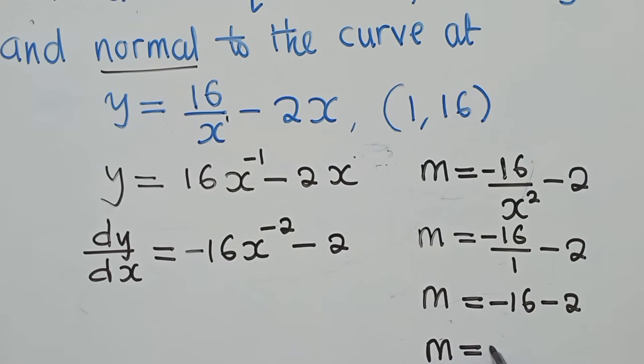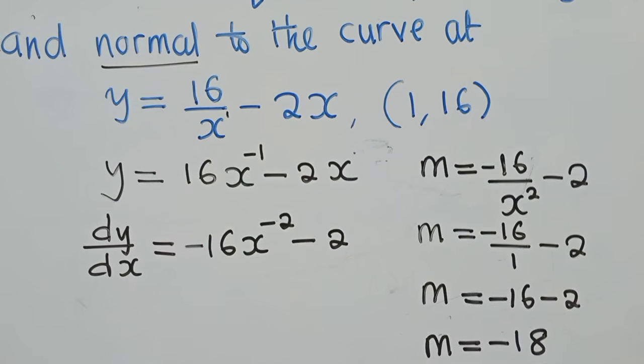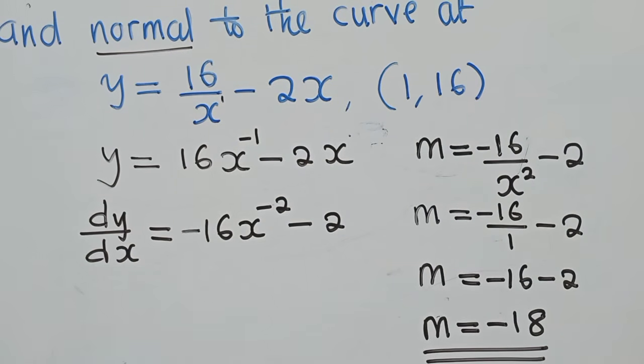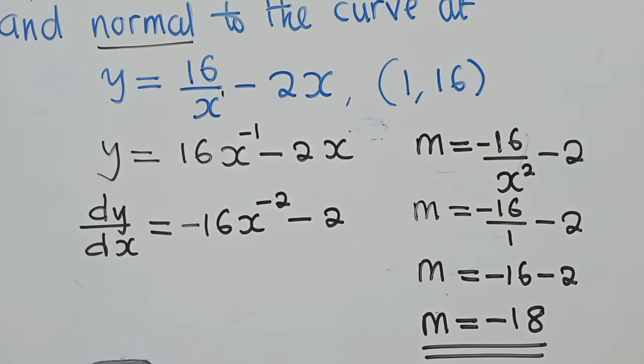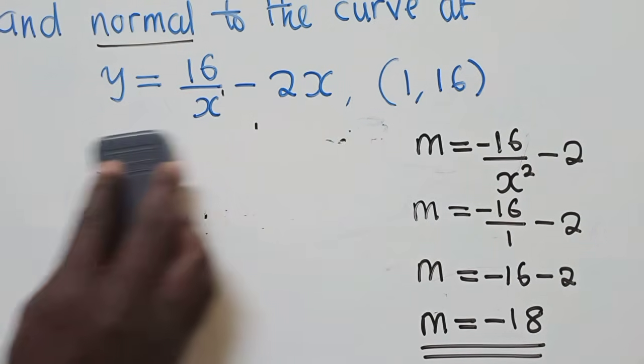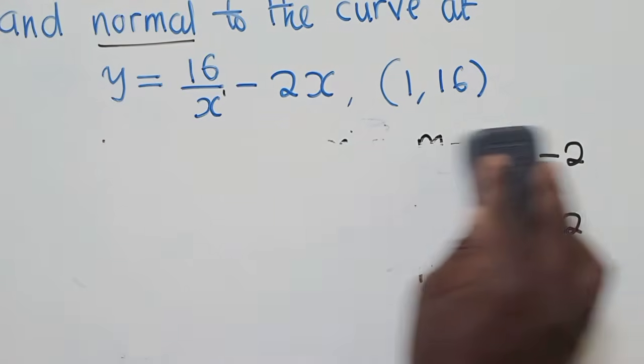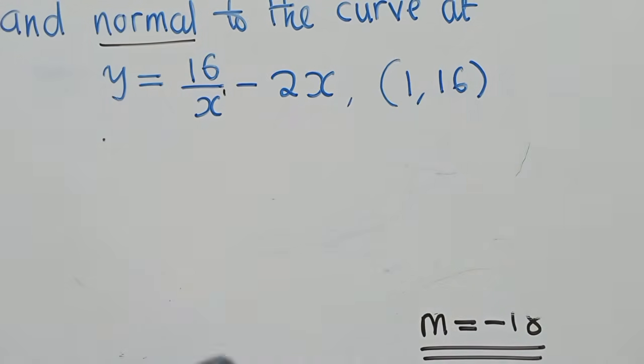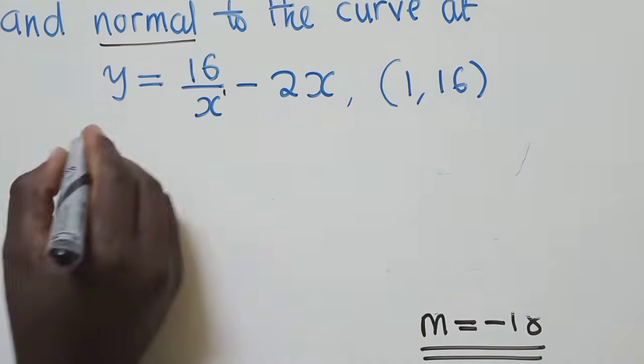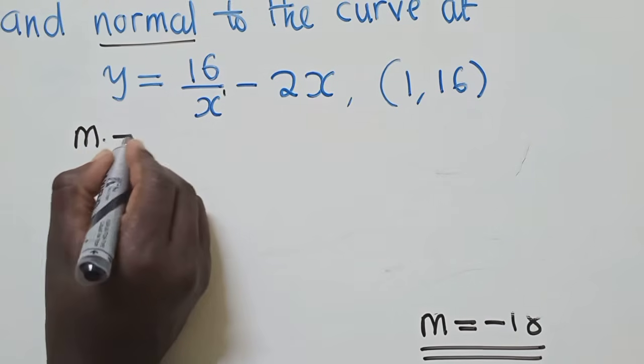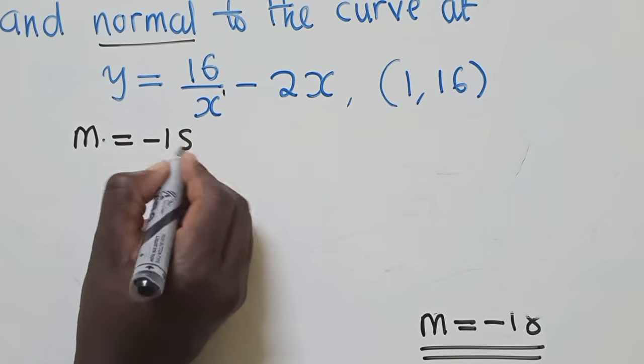It will give us negative 18. So our gradient is negative 18. We have found the gradient, so we can even clean up here. Since we have found the gradient, we keep it. We need to use this gradient. So we know our m is equal to negative 18.